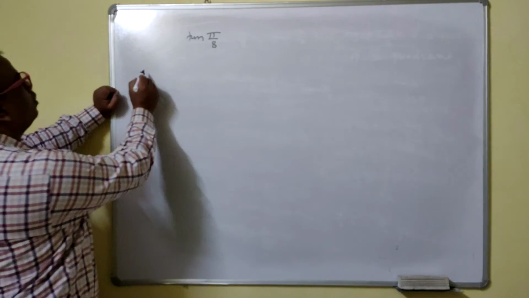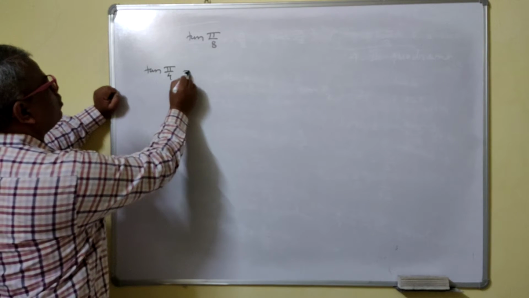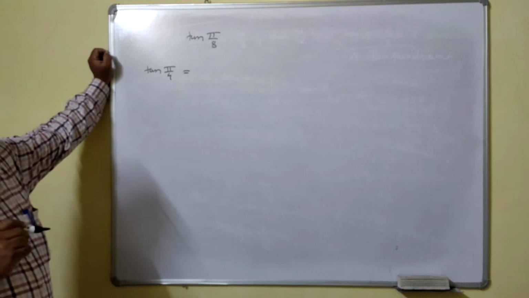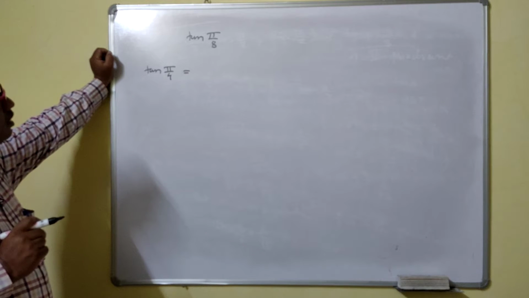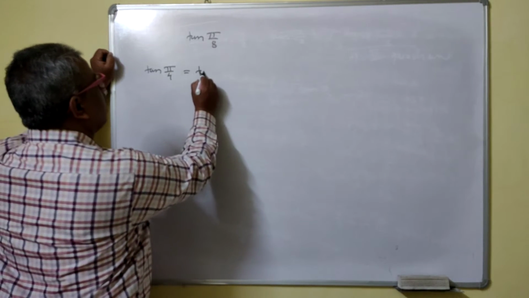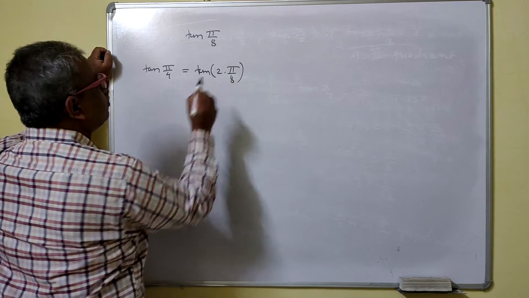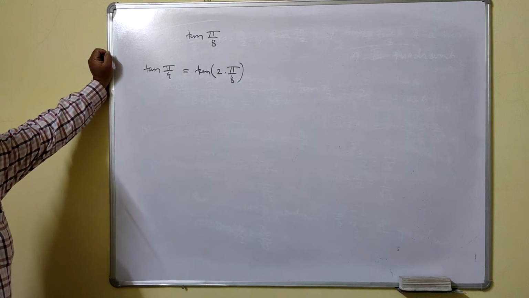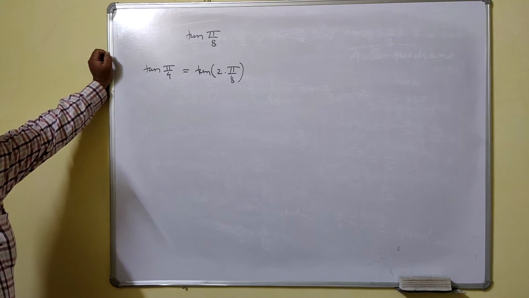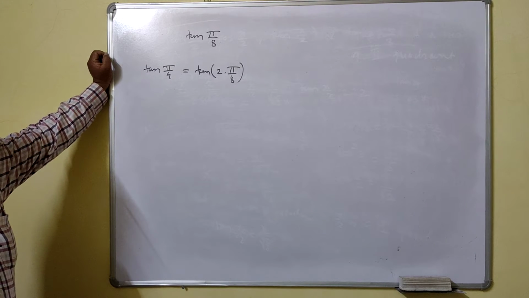Now see, tan pi by 4, we'll write just tan pi by 4. This is 1, you know. How you can write this? I get 8 now. I can write this as what? Tan of 2 into pi by 8 now. Right? I can apply the formula for tan 2 theta. Right?